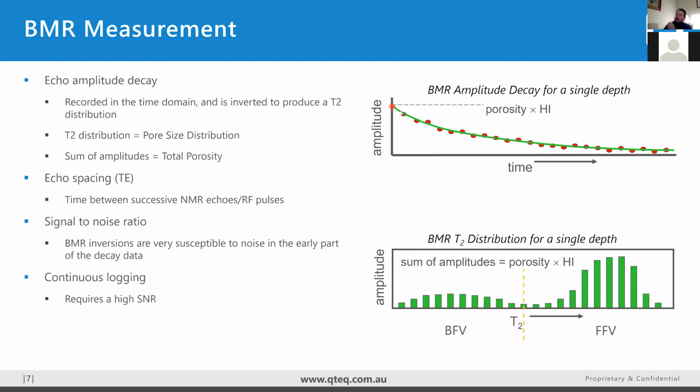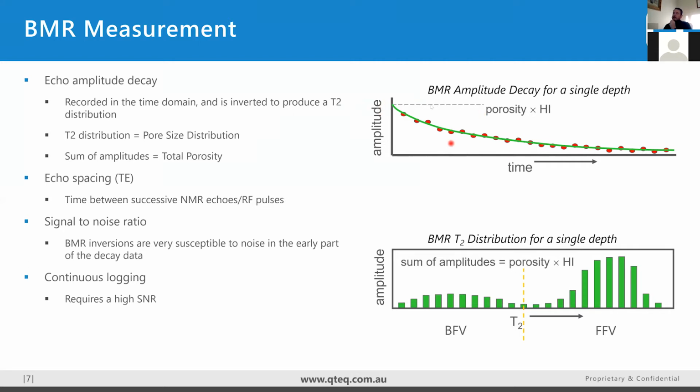Where our green curve crosses the y-axis is our total porosity. It is a lithology independent measurement of total porosity because it's physically measuring all of the water molecules trapped within the pore space. We don't look at any of the hydroxyls in the clay minerals or anything like that. It is purely the water within the pore space.